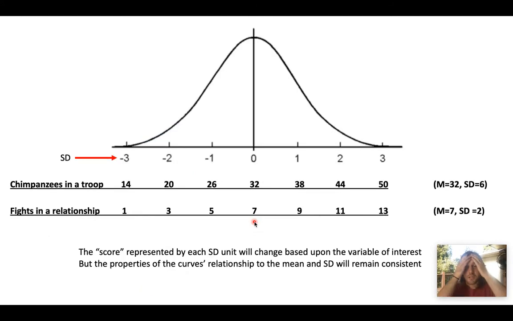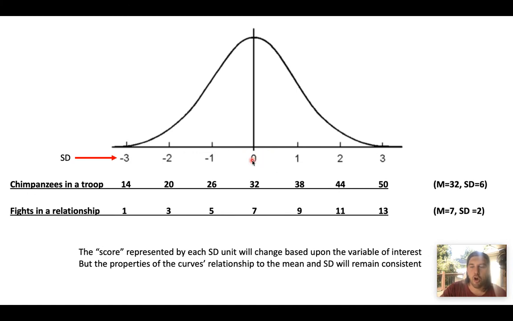So this allows us to make really informed decisions about extremity because we can create a curve for essentially any variable that we can imagine collecting data on. So here's just a blank curve that doesn't have a variable fitted to it yet.